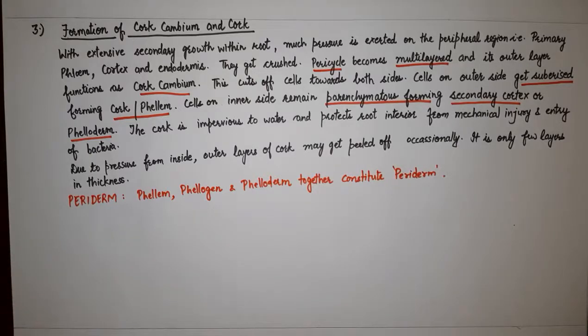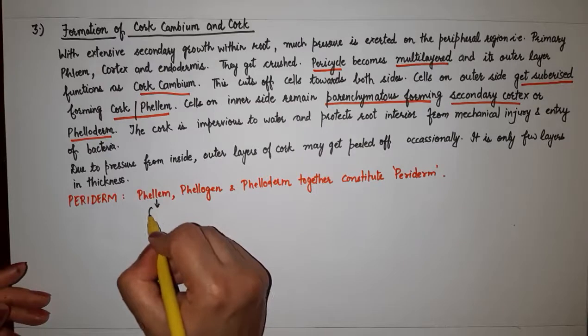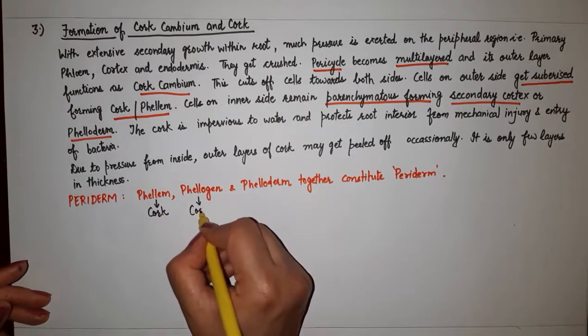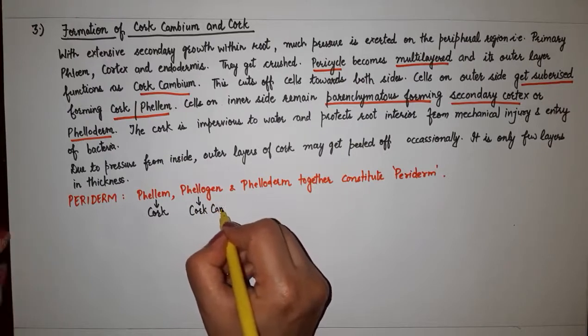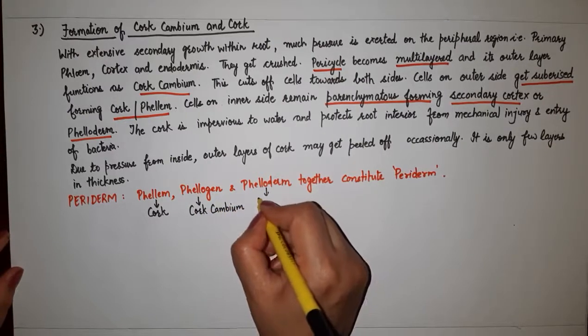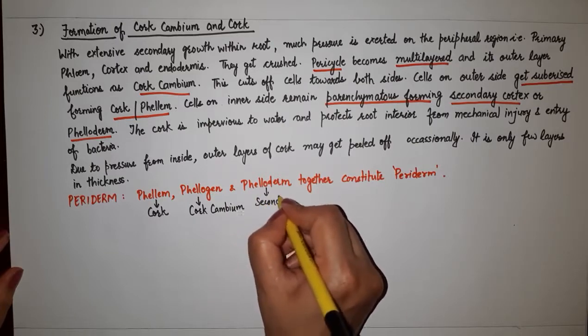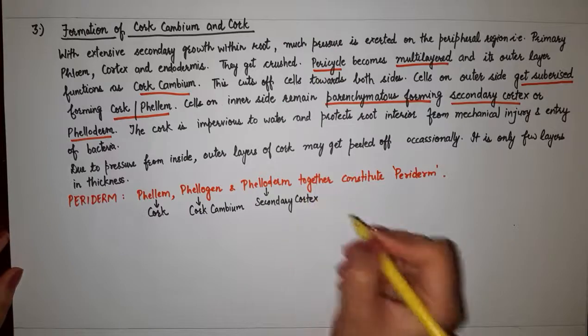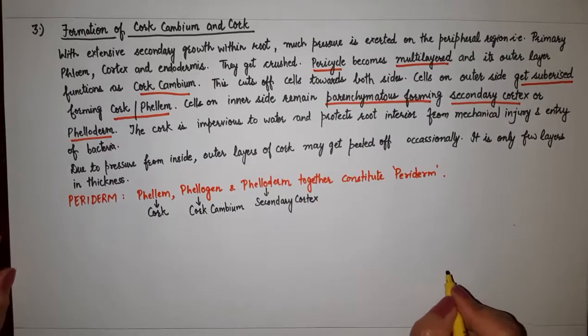Okay. Phellem means cork, phellogen means cork cambium, and phelloderm means secondary cortex. So, all these three layers constitute periderm.